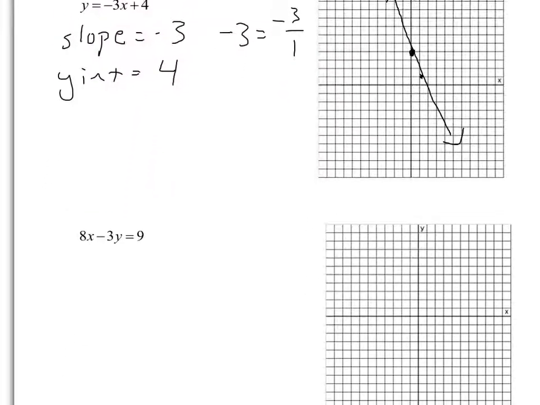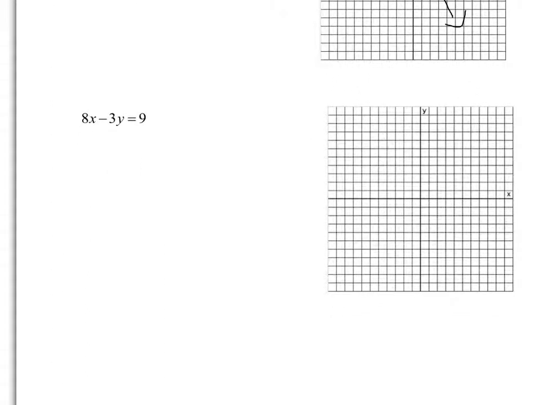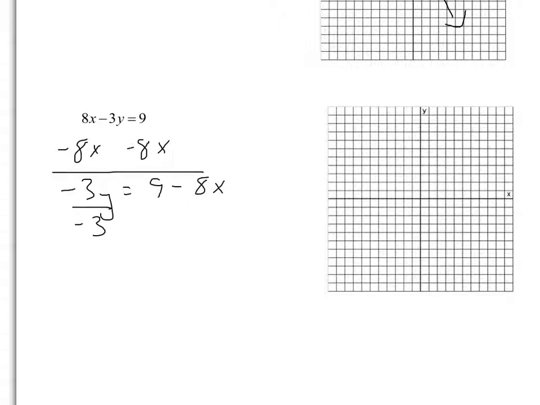Let's try another one. For this one, the equation is not in slope-intercept form at the start, so you have to do a little bit of work to make that happen. So I'm going to subtract 8x from each side and get negative 3y equals 9 minus 8x. To get y by itself, I'll divide each side by negative 3. So y equals negative 3 plus 8/3 x.